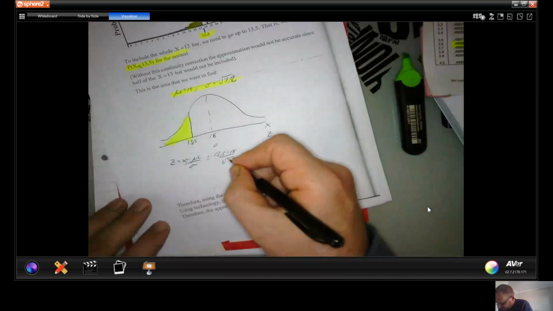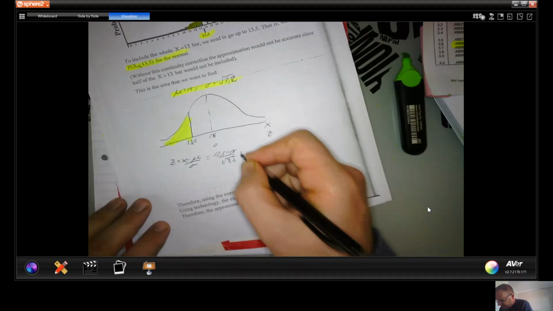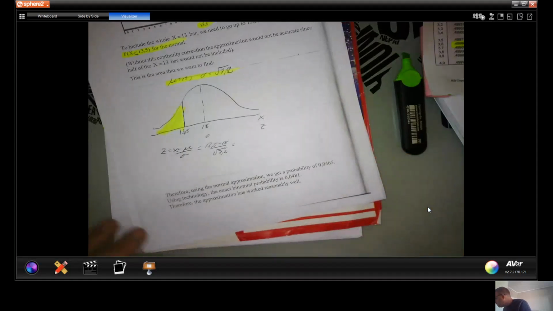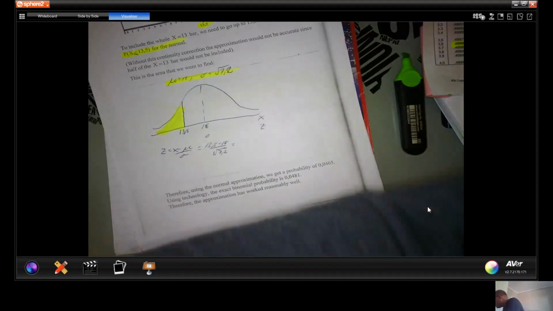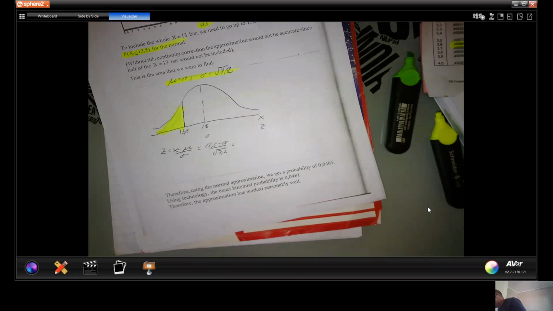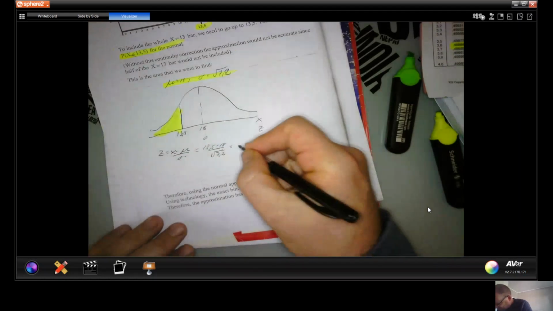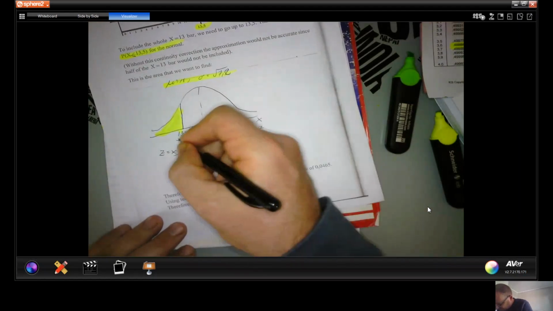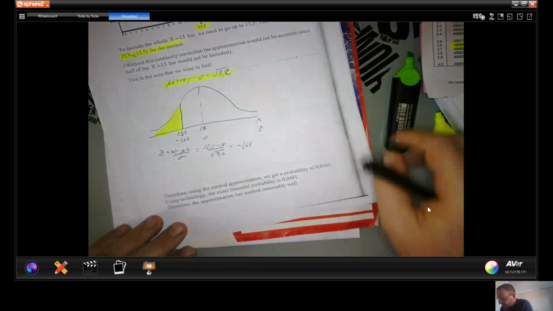Right. So 13,5 minus 18 over root 7,2. If we work that out, the z score is going to be negative 1,68. We expect it to be negative because it's 1,68 standard deviations to the left. So there's my z score.